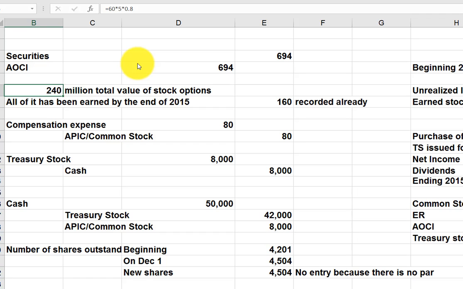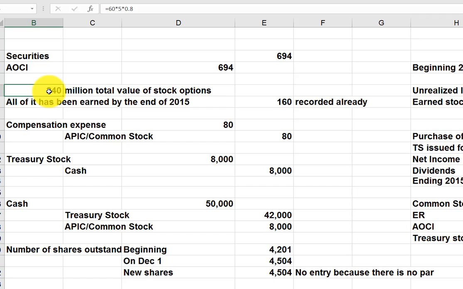60 times 5, we use the fair value of the options whenever we're calculating the compensation expense. And then because 20% has been forfeited because people left, we're going to multiply by 0.8 to get 240 million total value, or total compensation, that is going to be earned.